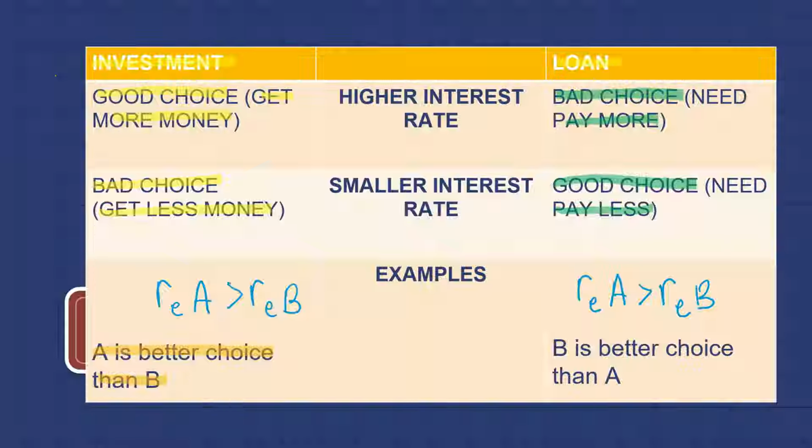For a loan, if you calculate the effective interest rate and you get the effective interest rate for A greater than the effective interest rate for B, it means that you need to choose B because B is a better choice than A, as the effective interest rate for B is smaller than A. So a smaller interest rate for a loan will be a good choice because you need to pay less. So roughly, this is the difference between the effective interest rate in investment and the effective interest rate in loan.